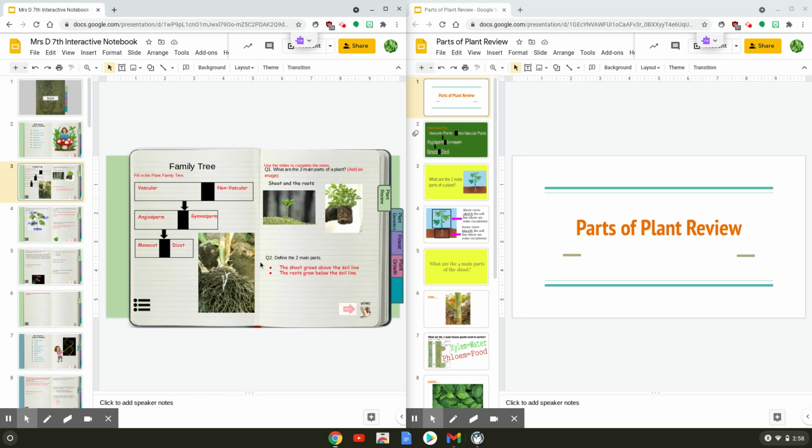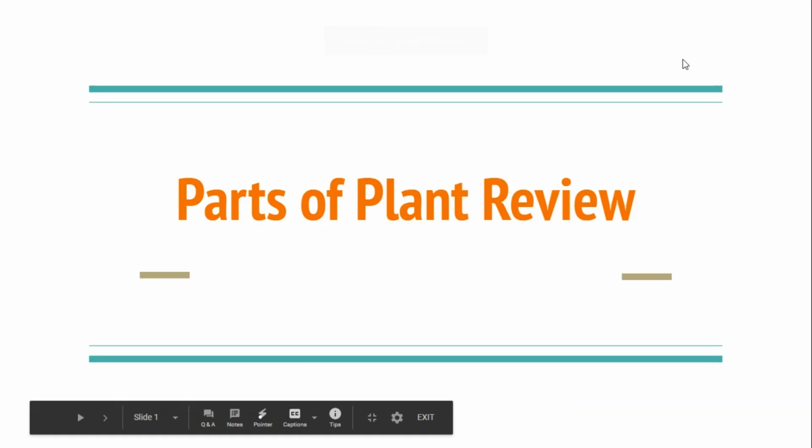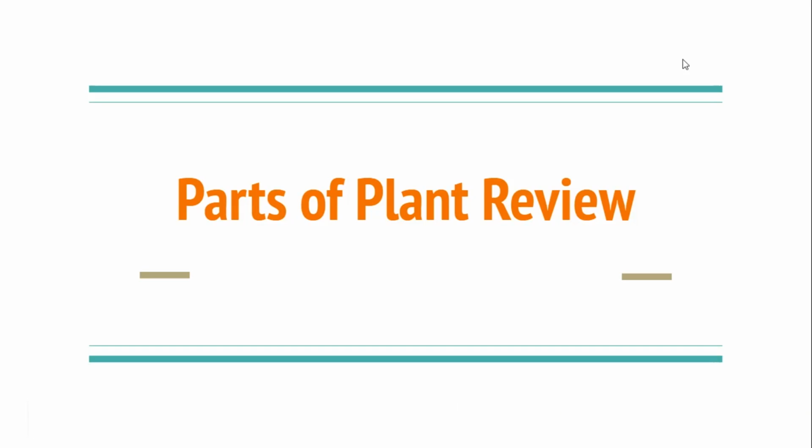Okay, it's not hard. So what I'm going to do now is get into the lesson, and within the lesson, I tell you what question number you are answering. If you have any questions on how to do this, just let me know and I will help you. So in sixth grade, you learned a lot about the different parts of the plant, two different types of plants found on the planet.